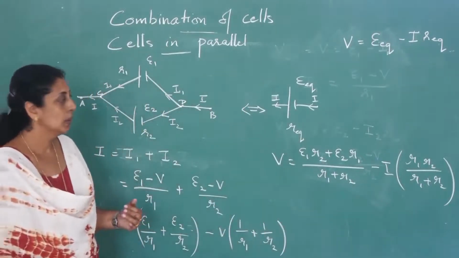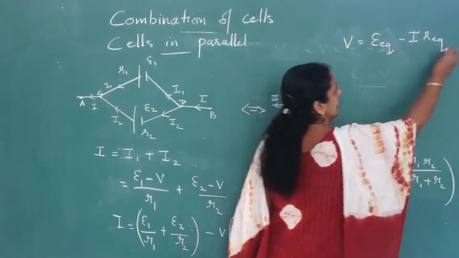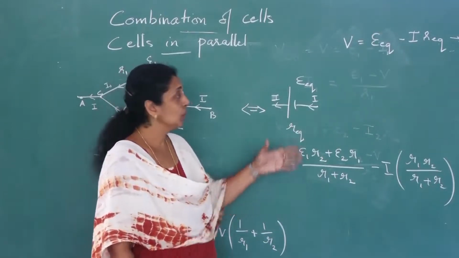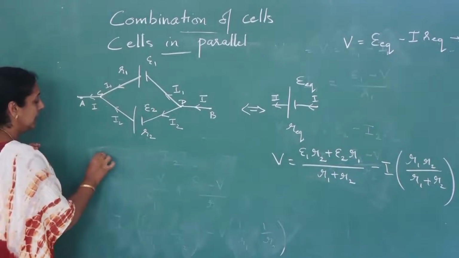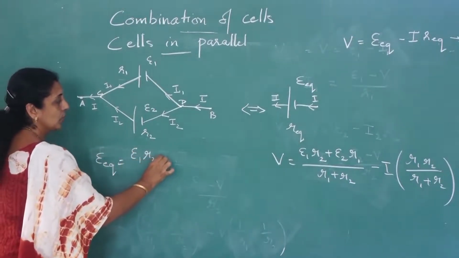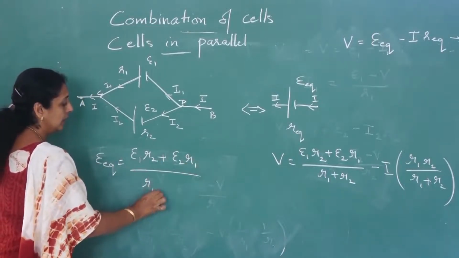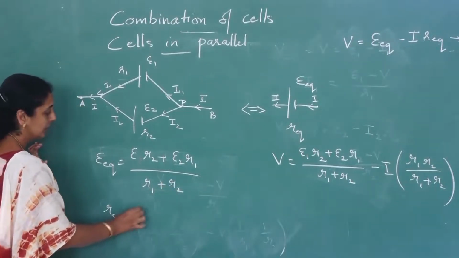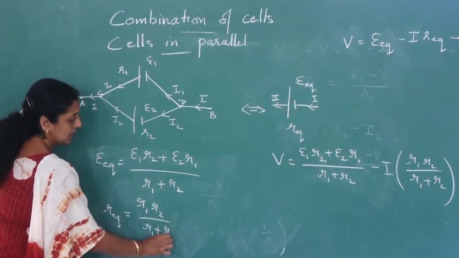Let me call this equation 2 and the earlier one equation 1. So comparing the two equations, we see that E equivalent is equal to (E1 R2 plus E2 R1) by (R1 plus R2), and R equivalent is equal to R1 R2 by (R1 plus R2).